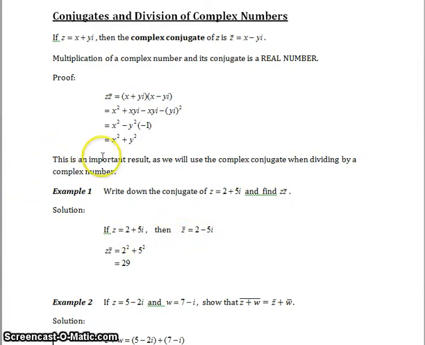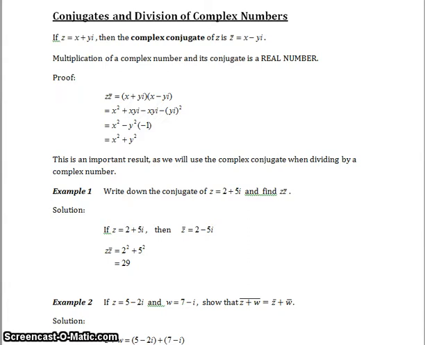From the previous proof, if we multiply a complex number by its conjugate, it is simply the real part squared plus the imaginary part squared. Our real part is 2, our imaginary part is 5, so the multiplication is 2 squared plus 5 squared, which is 29, a real number.